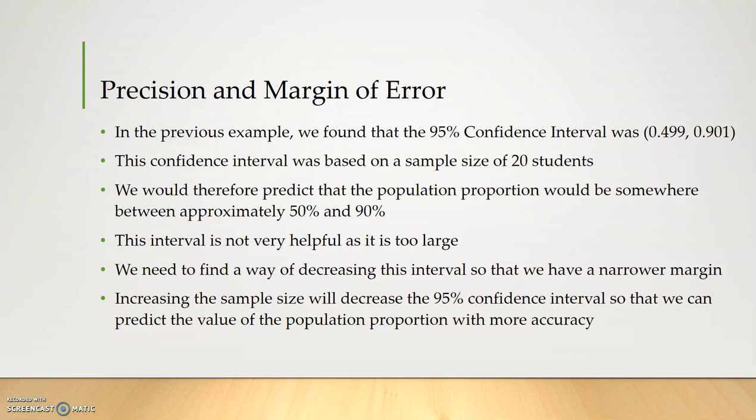One way of doing this is to increase the sample size. Increasing the sample size will decrease the 95% confidence interval so that we can predict the value of the population proportion with more accuracy. This is illustrated by the next example.